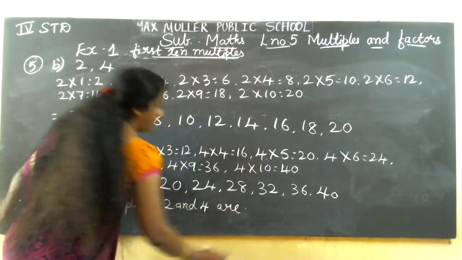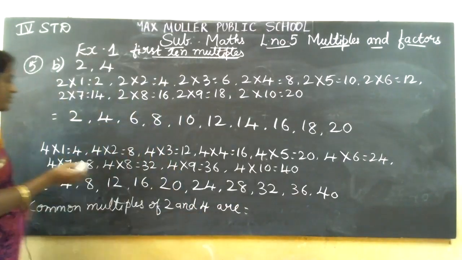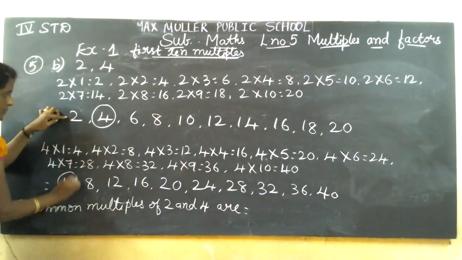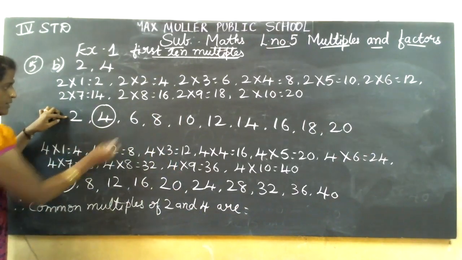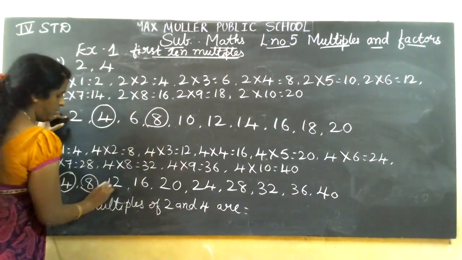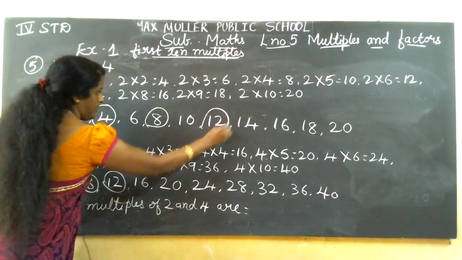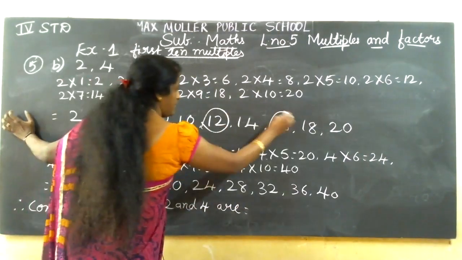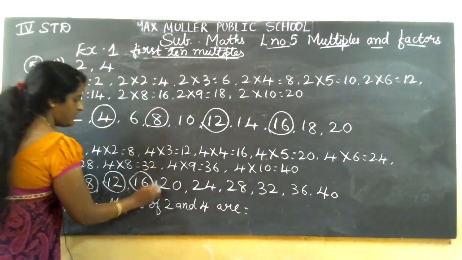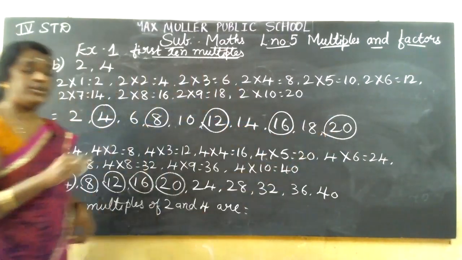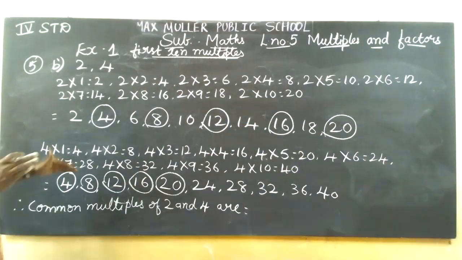Here 2, it is not there. 4, it is there. 4. 6, it is not there. 8. 10, it is not there. 12. 14, it is not there. 16. 18, it is not there. 20. So, what are the common multiples of 2 and 4?